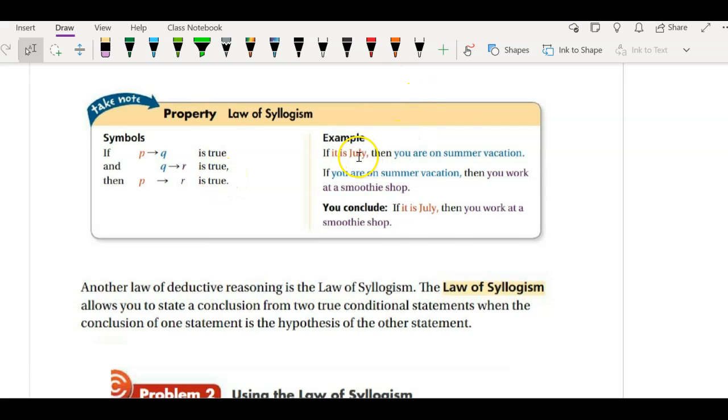So if it is July, then you're on summer vacation. Notice that on the next one, the Q then R, it's got the conclusion as my hypothesis. So if you are on summer vacation, then you work at a smoothie shop. So we can now conclude that if it is July, you work at a smoothie shop.